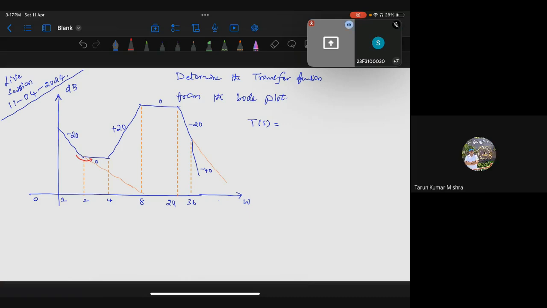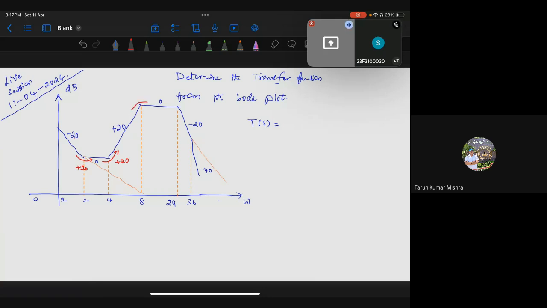Minus 20 to 0. Plus 20. If you add plus 20 to this minus 20, it will become 0. Yes or no? So that's why the slope change is plus 20. Am I correct? Here from this line to this line, what is the slope change? That is another plus 20. Yes, sir. Am I correct?